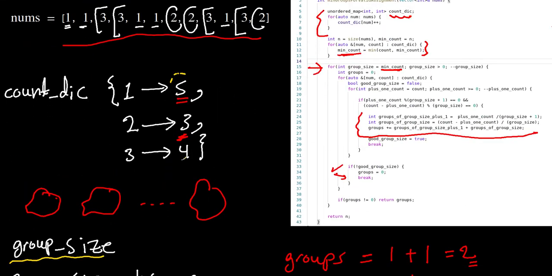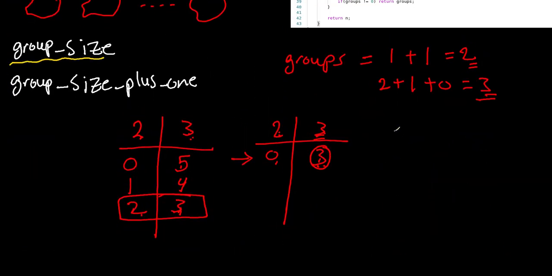Next, 4. This is 4 0. 4 mod 3 is not 0, so we need to try with 3 and 1. 3 mod 3 is 0, but 1 mod 2 is not 0, so this combination doesn't work.